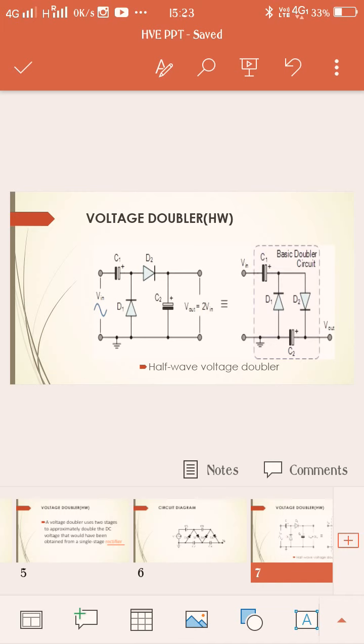It may be noted that during negative half cycle, the voltage across capacitor C1 is in series with the input voltage. Therefore, the total voltage presented to capacitor C2 is equal to 2 Vm during the negative half cycle.